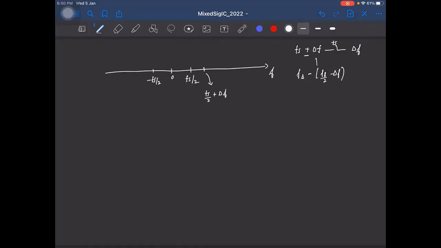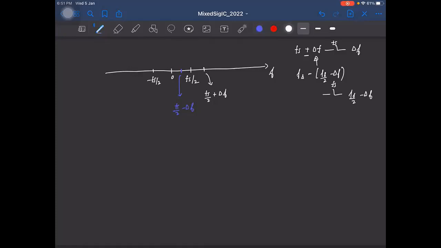So if we sample this at fs, we will get fs minus fs by 2 minus delta f, right? So fs plus any frequency, when you sample at fs, you'll get back that frequency, right? So similarly, here you have fs minus this frequency. So when you sample it at fs, it will look like the same frequency. Okay. So what we'll have after sampling, it will look like a frequency here, right? So fs by 2 minus delta f, right?